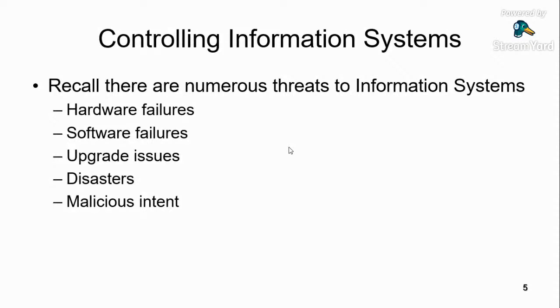This is just a brief summary. Hardware failures or hardware security lapses can cause a security threat to your information system. Software failures, upgrade issues, patching. If you are introducing new hardware, then drivers and its security package should be updated. Natural disasters, acts of God, are also possible: floods, tsunamis, or earthquakes.